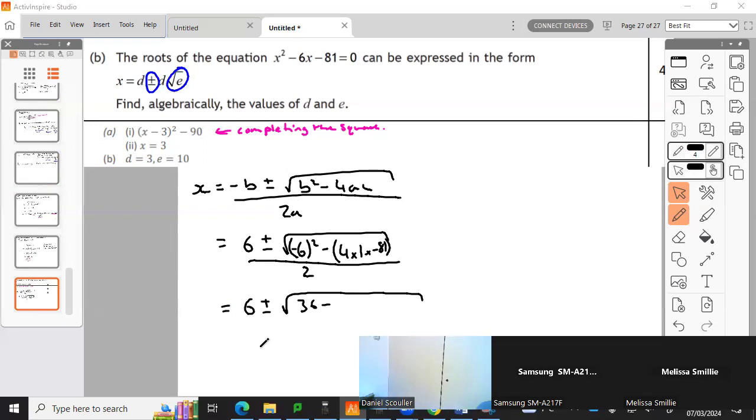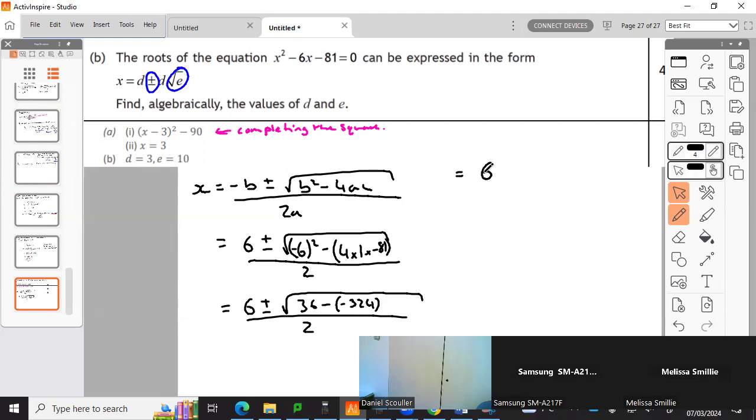4 times 81. 4 times 81 is 324. Can I just quickly ask, did you just say that this was in the non-calculator question? Yeah, this was in paper 1. That's why I'm trying to figure it out for you. Who made that up?